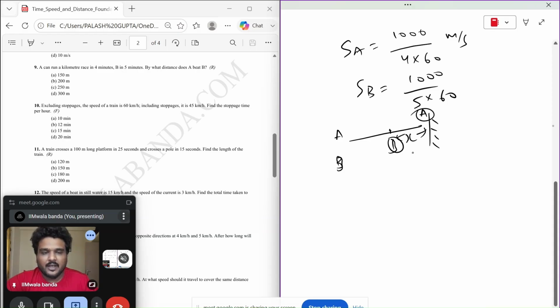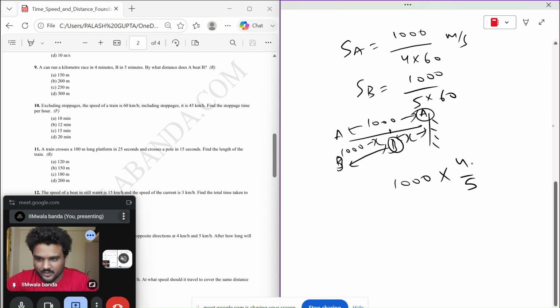So it's important to assume what you need to find to avoid those mistakes. And here I will assume this as X, and the distance that B has covered in that same time will be 1,000 minus X when A covered 1,000 meters. So I know it will be less than 1,000. So basically the multiplication factor will be 4 by 5 and not 5 by 4.